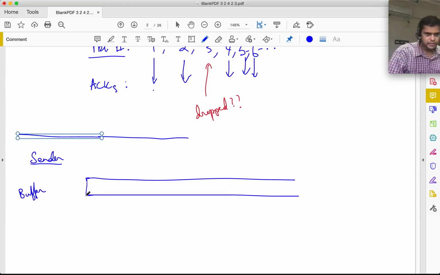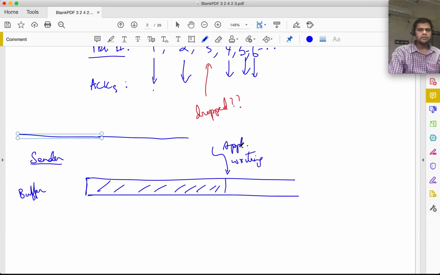This is the beginning of the buffer, and let's say that the application is writing to this particular buffer. So let's say this much has been written. The application can always write more and more data.